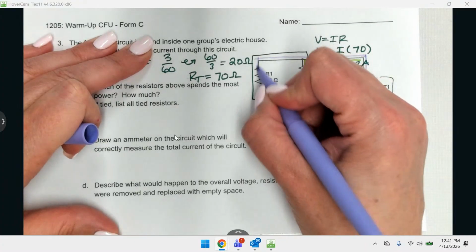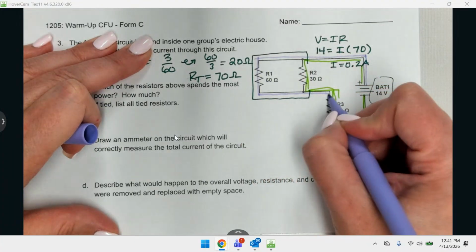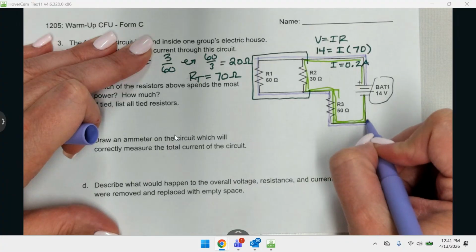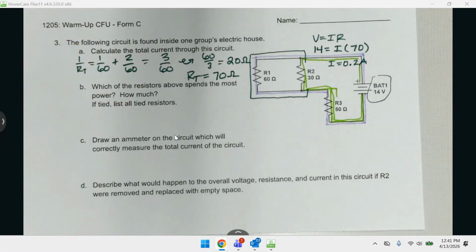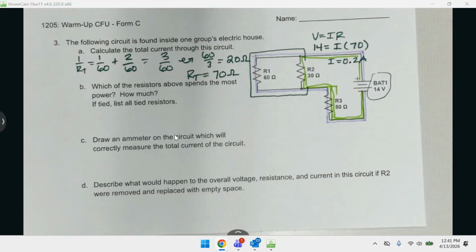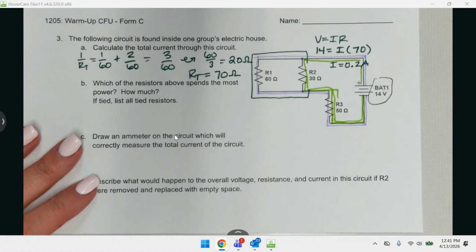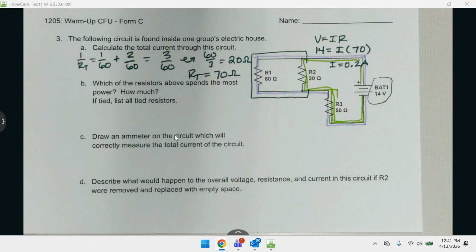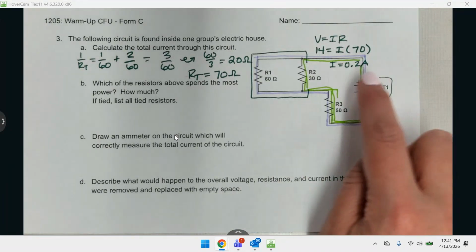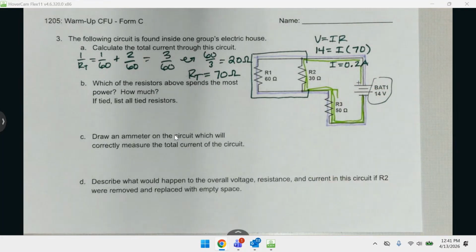Yes, there is overlap. Anywhere where you have both green and purple, you're measuring total current, but it does split, and you have a section that's just purple and a section that's just green. That may come in handy. So I do recommend color coding your loops for any parallel or combination circuits. But the answer to letter A is 0.2.